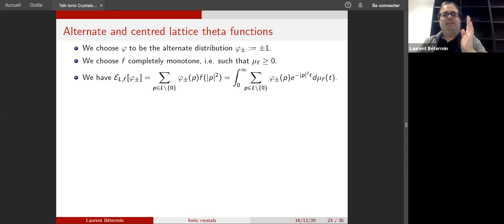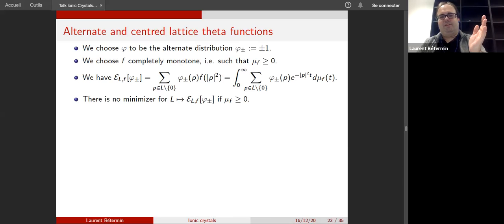First thing to understand is that there is no minimizer of this energy when you fix the charge to be plus minus one. You want a minimizer at fixed density, and then it's sufficient to take a very elongated thin rectangular lattice to have an energy which goes to minus infinity.